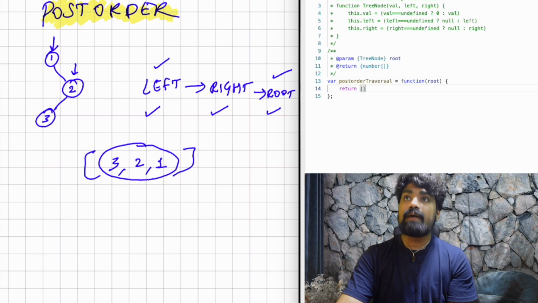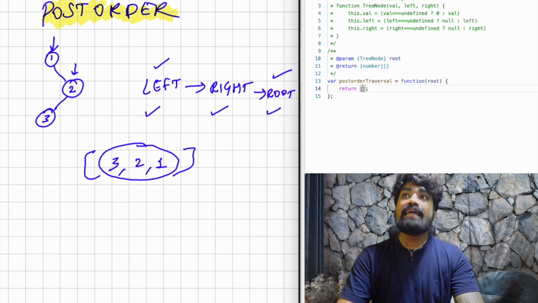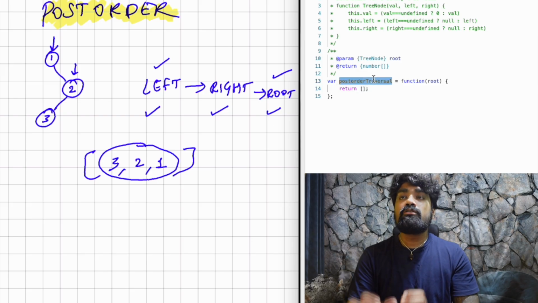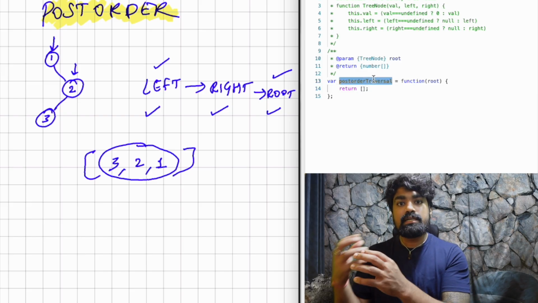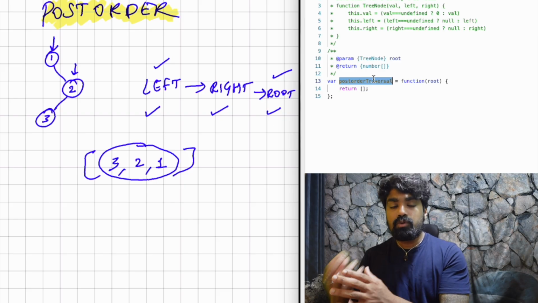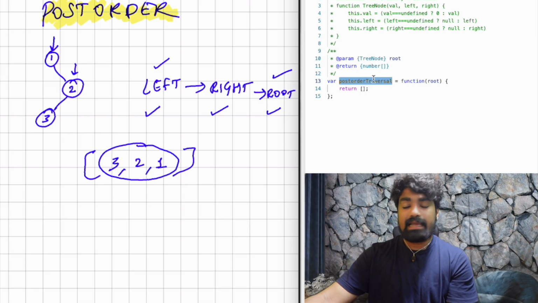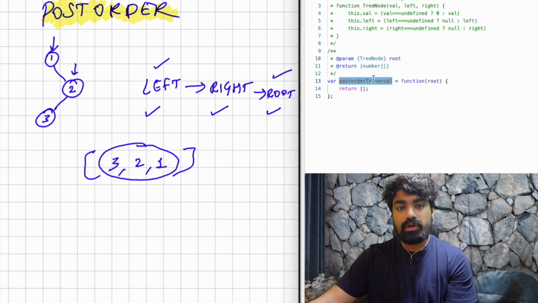So in the end, I'm supposed to return the array, and in this array I want to first visit the left subtree. Now this function for post-order traversal is going to visit root nodes. The first root node is going to be 1, then it's going to see on the left side there is nothing, and then it's going to go on the right side, because first we have to go on the left, then the right, and then you come back to the root node itself.